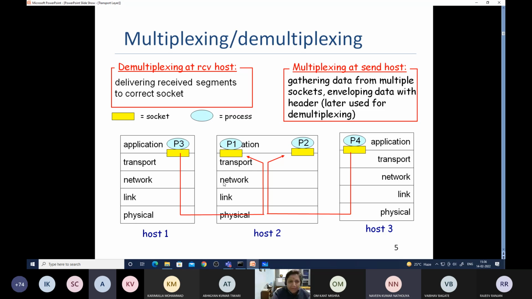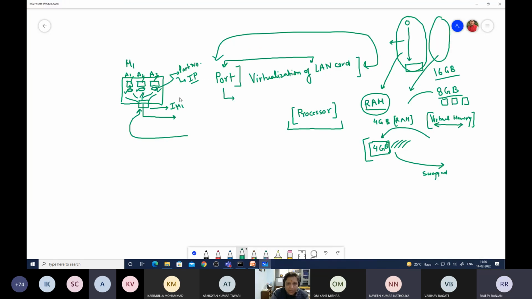Now on the same lines, you can say that a socket or a port number is a virtual LAN card. Because you have one LAN card, which can transfer data out serially, one by one. There are many applications running, and at a time only one application's data can transfer through this LAN card.